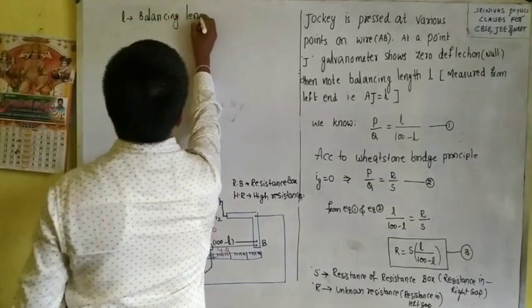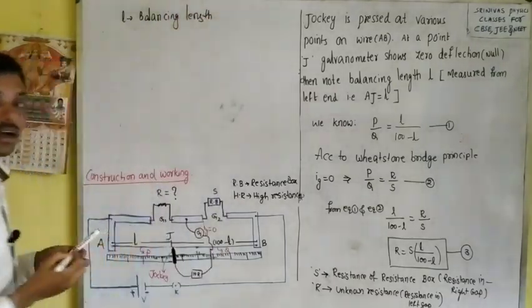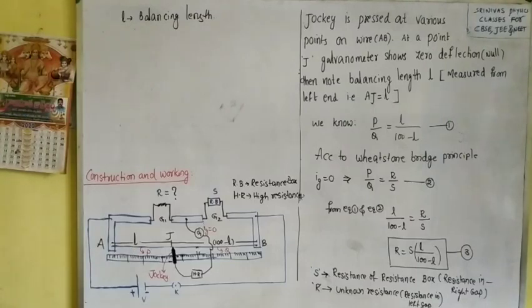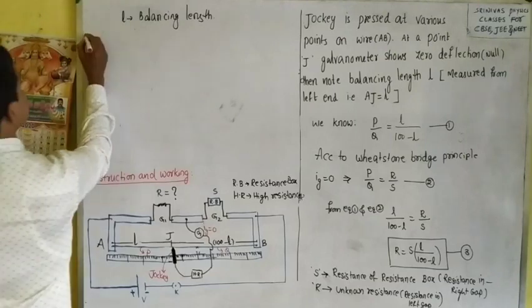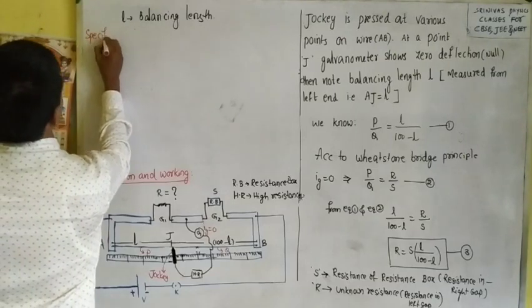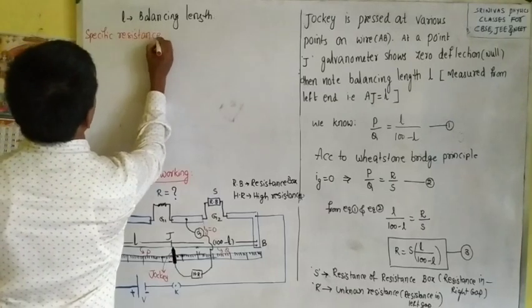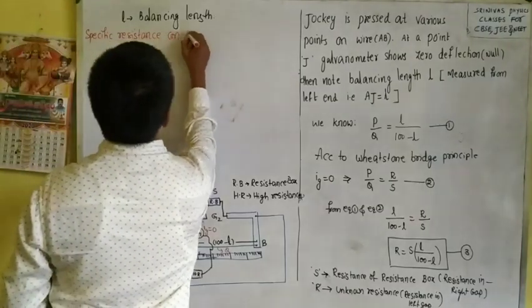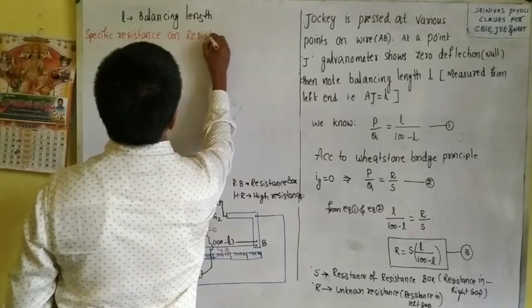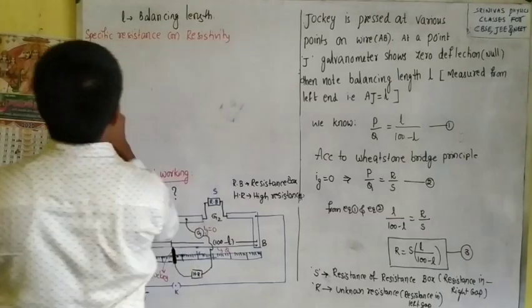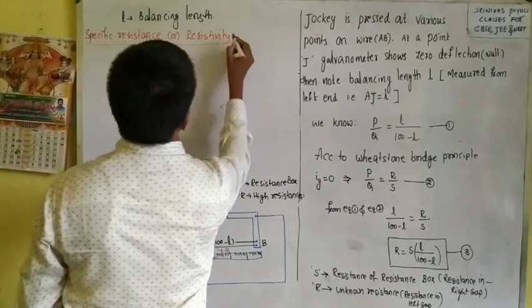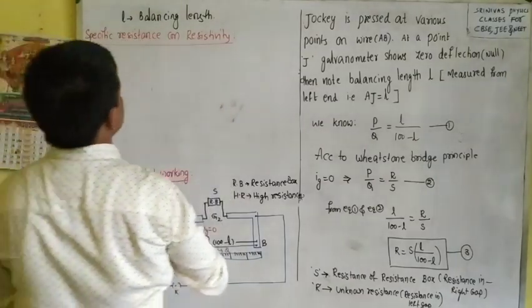Next, how to measure the specific resistance of a wire? Let us see. For that, what is the formula for the specific resistance or resistivity?